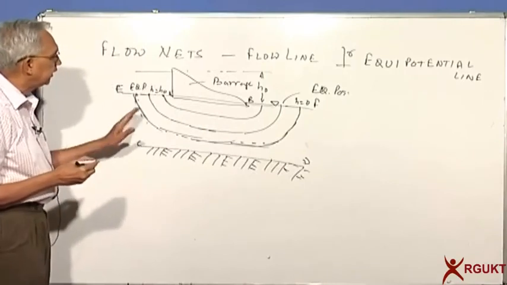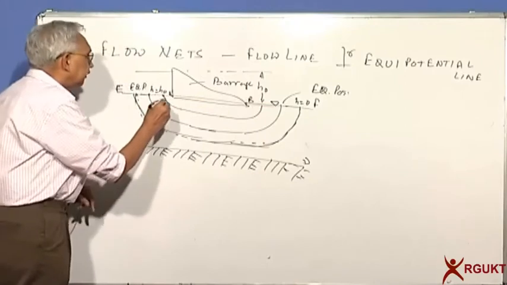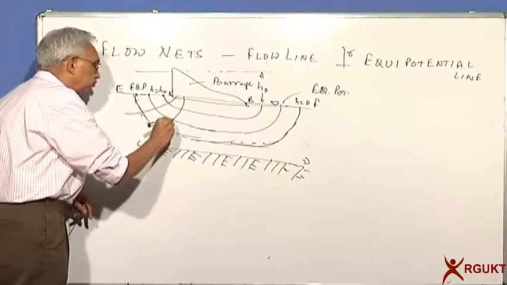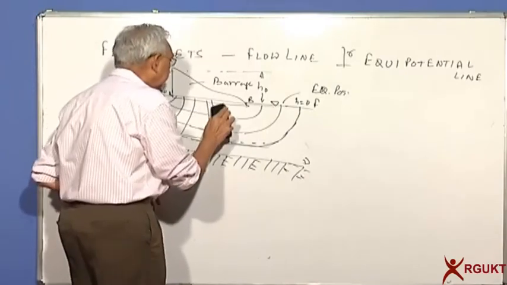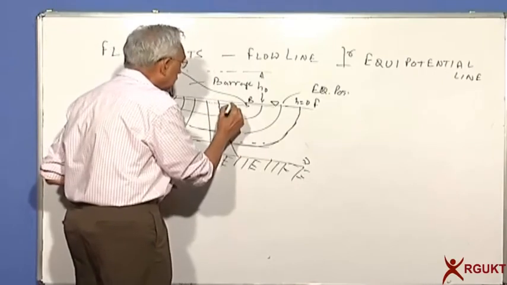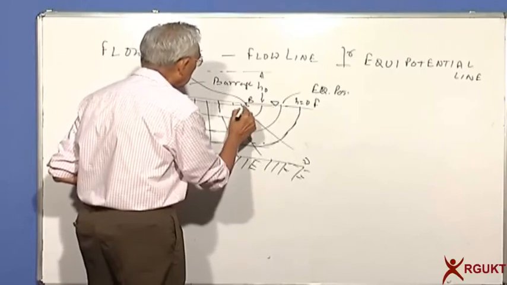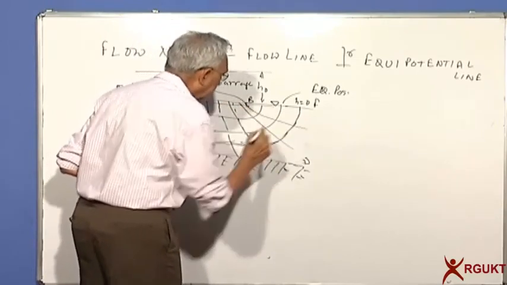Now you can see that this is one equipotential line, this is another equipotential line. So we have to now draw a set of equipotential lines. Maybe here, and one more here.